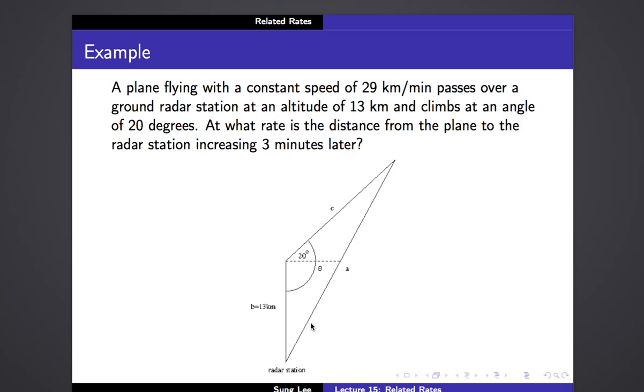All these quantities form a triangle, but in this case, obviously, it's not a right triangle. So the question is a little more complicated than that.